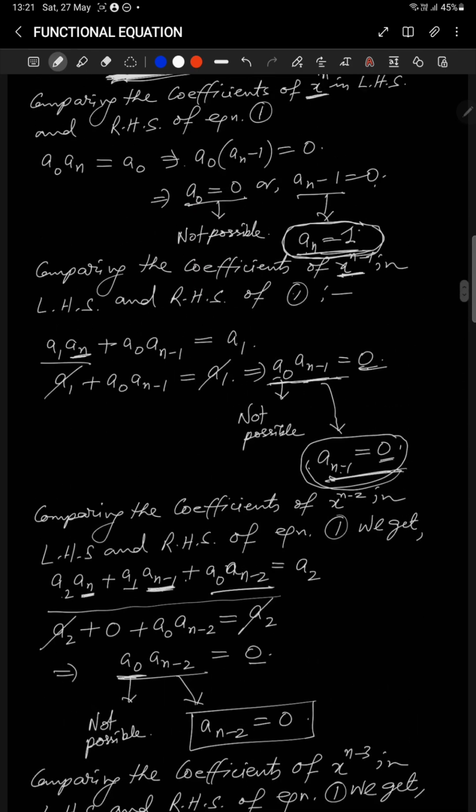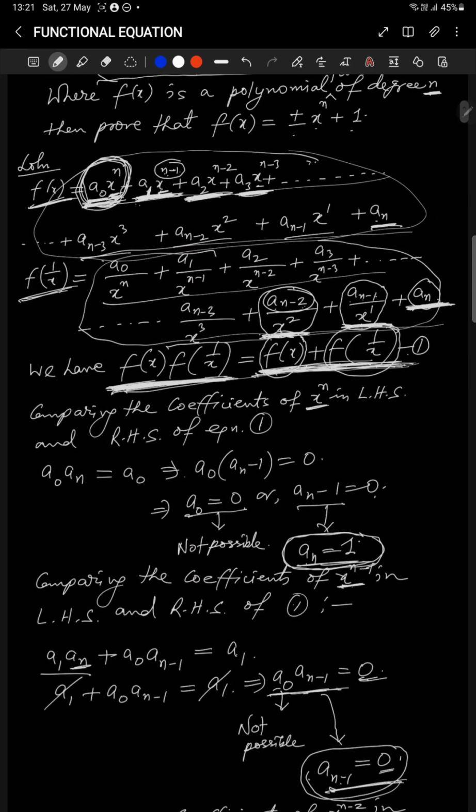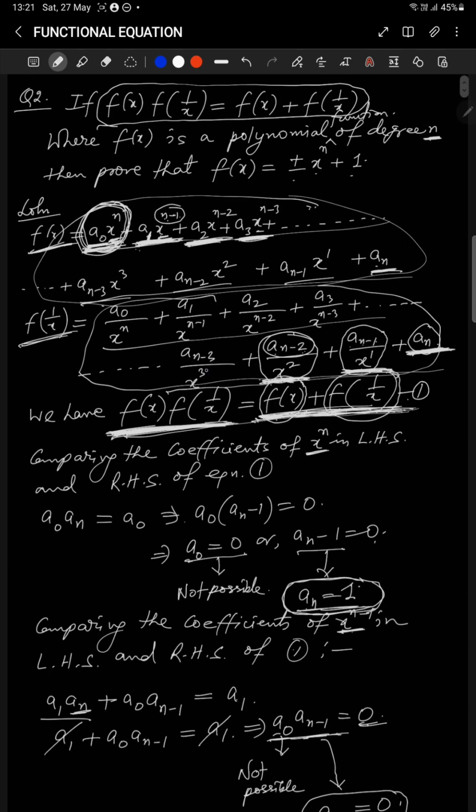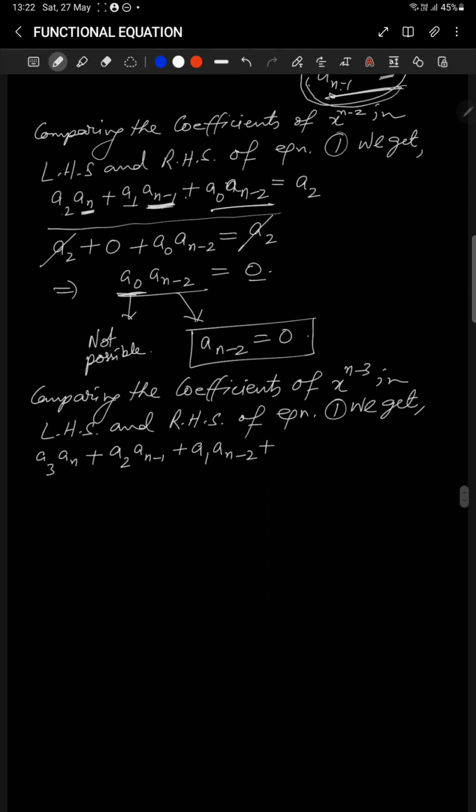One more term will give you x to the power n minus 3, and that is this one and this. In the denominator you have x to the power 3, that will go in the numerator, and we will be getting x to the power n minus 3, and the coefficient will be a0 an minus 3.